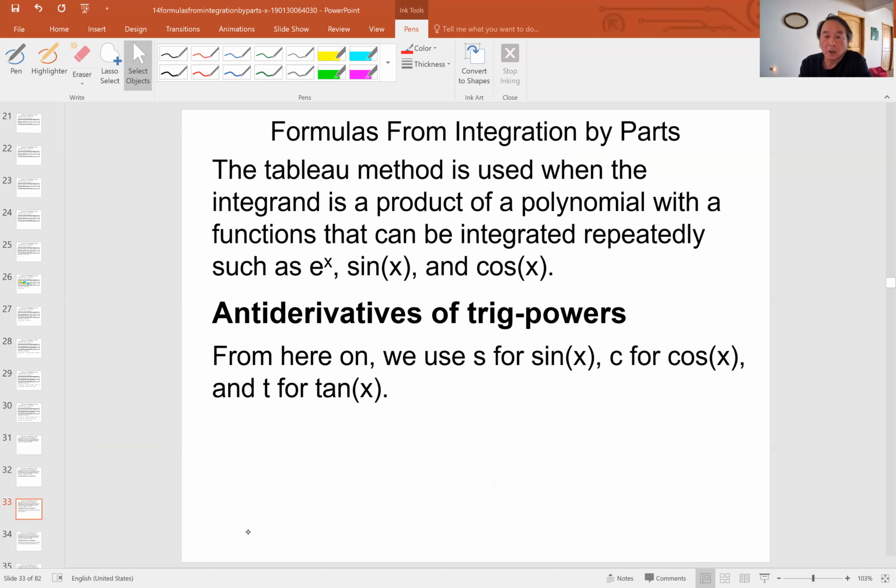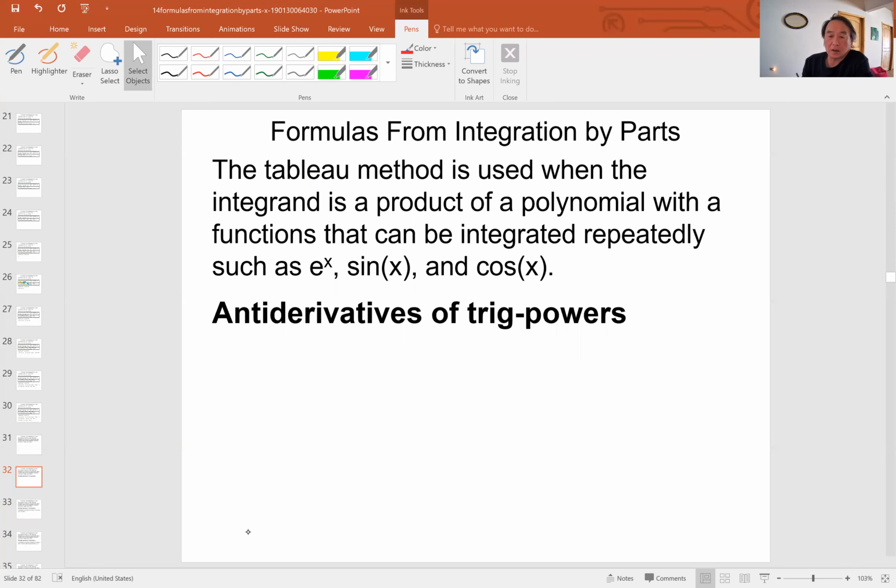And the second thing we're going to do with integration by parts is to see some antiderivative formulas for all the trigonometric functions, actually for any integer power. We're going to deal with that later on and talk more about that.